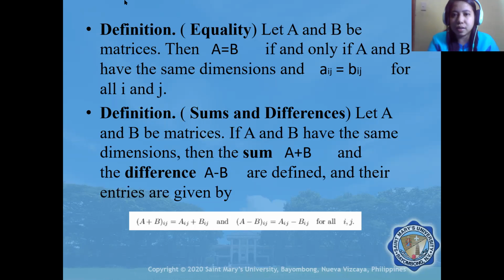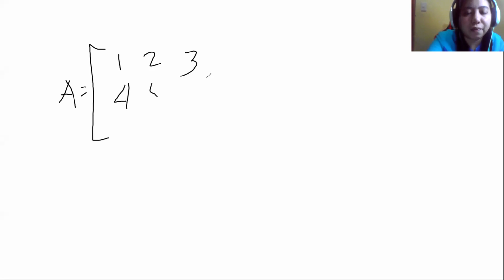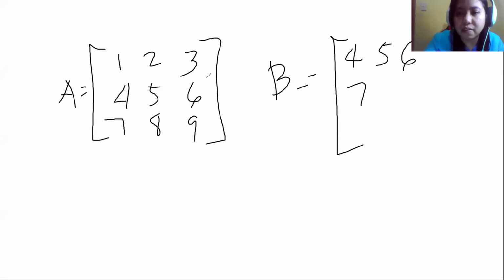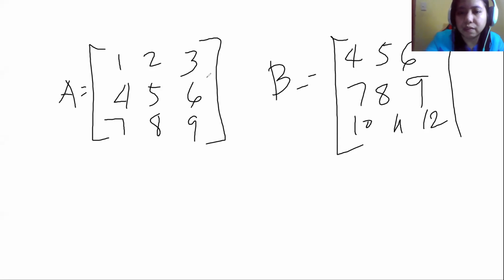So if we consider, for instance, matrices with the following values. Let's say 1, 2, 3, 4, 5, 6, 7, 8, and 9. And another, 4, 5, 6, 7, 8, 9, 10, 11, and 12.